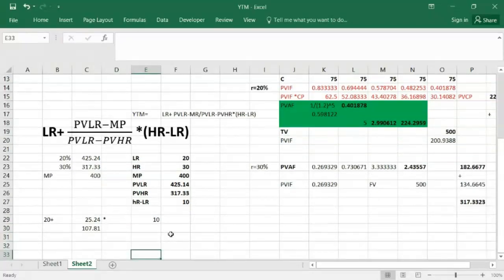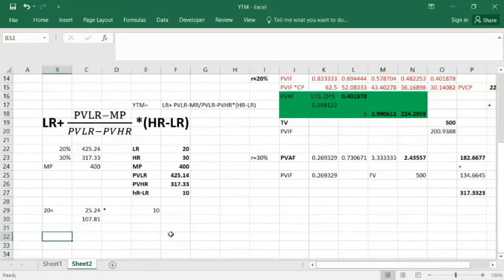So here I can take 20 plus, you divide 25.24 by 107.8 and multiply this value with 10. Again, I am going for a third step of the calculation.